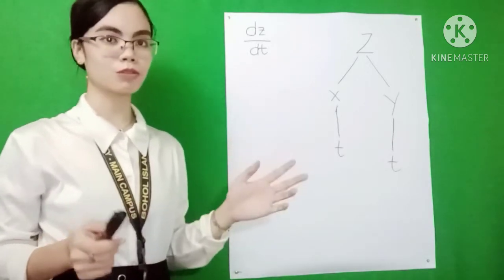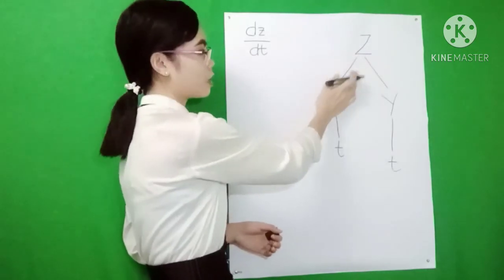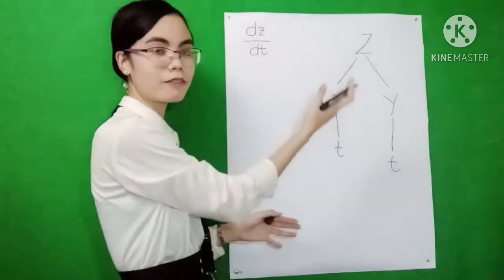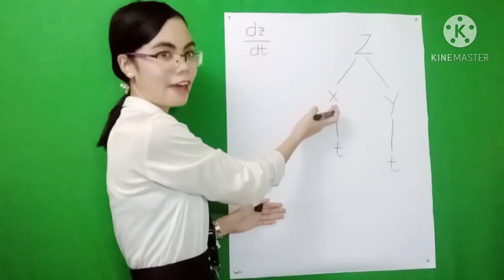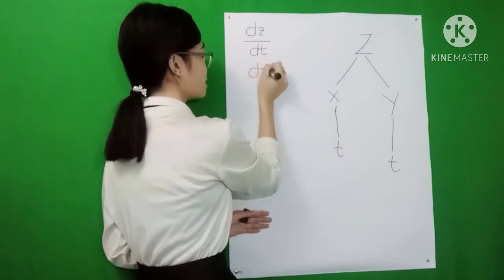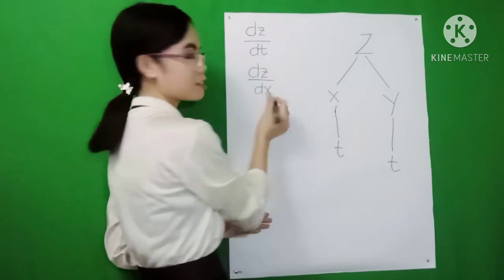The first thing to do is find this branch. So we have the partial derivative of z with respect to x, or we can write it as dz over dx.